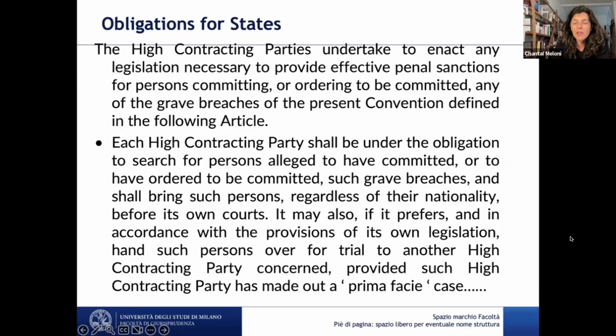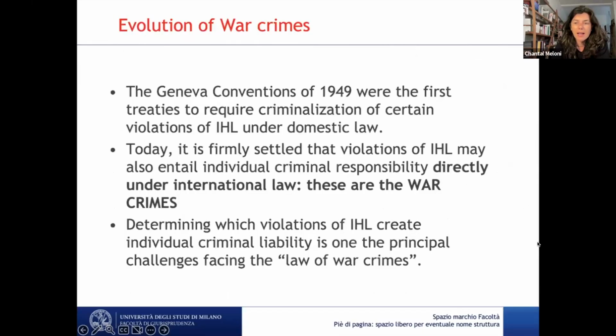So there is an obligation that in Latin is expressed traditionally as the obligation of aut dedere, aut judicare, meaning states have an alternative, which is either they proceed with regard to the suspects of the commission of grave breaches, meaning war crimes, before their own courts, or they extradite the suspect to another state which possibly asked for this extradition.